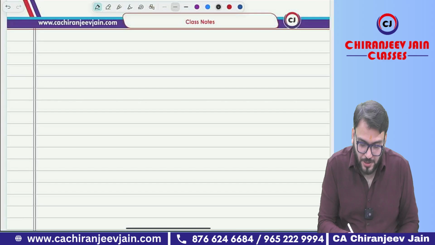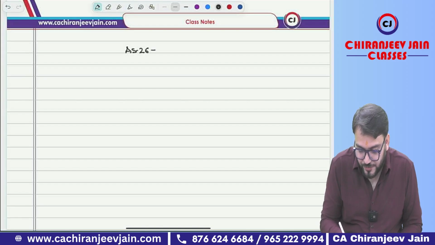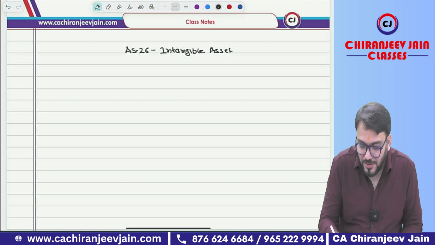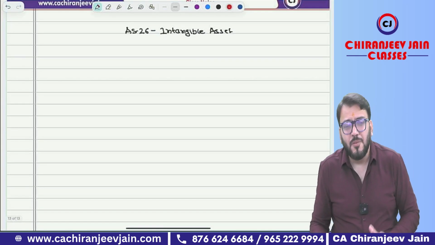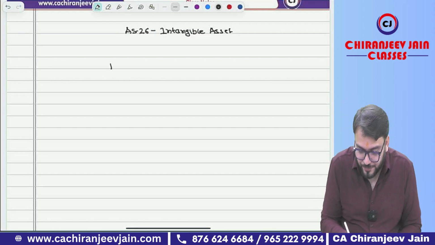And the question is what? Just try to understand. We are doing AS26, intangible asset. What is the question? We know one journal entry for credit sales: debtor account debit, to sales. Everyone knows?